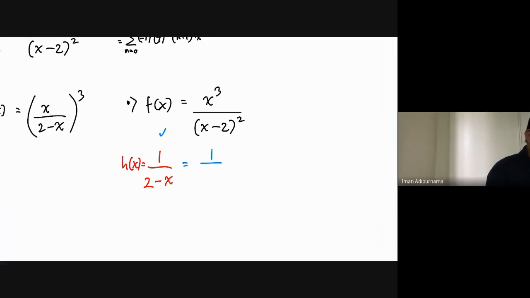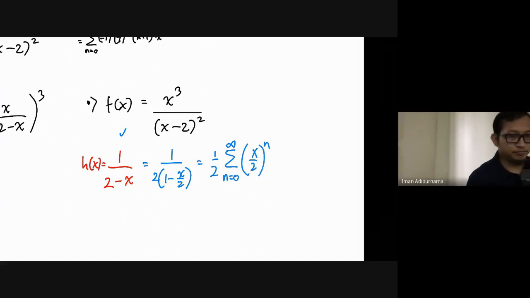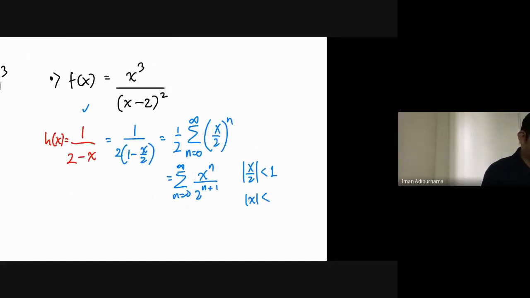So this is 1, or we can write this as half of the series of (x over 2) to the power of n. Or we can write this as x to the n over 2 to the n plus 1. This is for x less than 2.